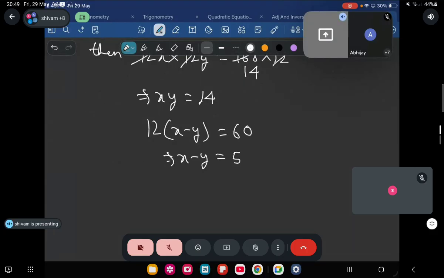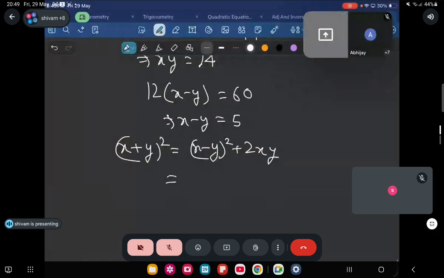I've got x minus y, and I've got xy. I want to find out x plus y. So x plus y whole square will be equal to x minus y whole square plus 4xy. This will be equal to 5 square plus 4 into xy, which is 14.